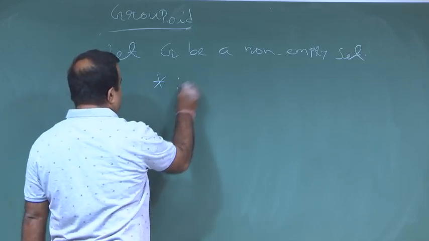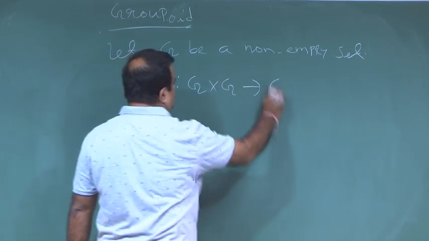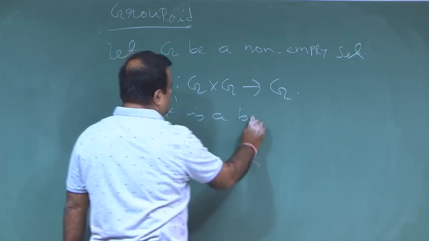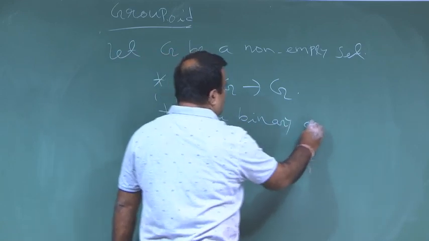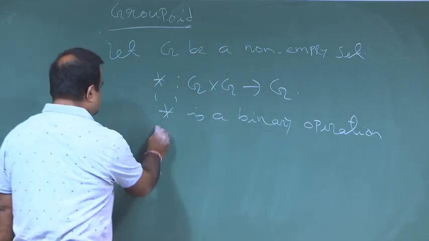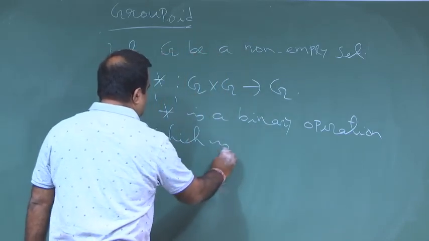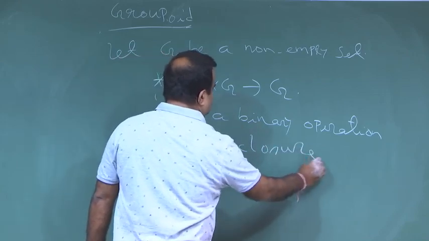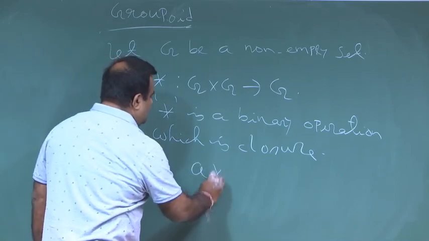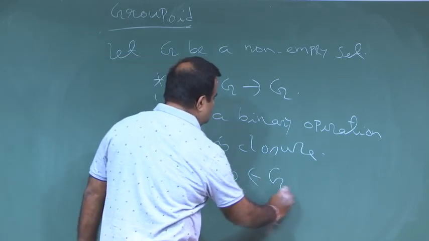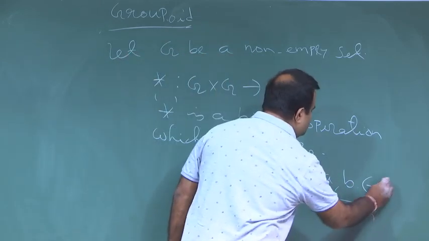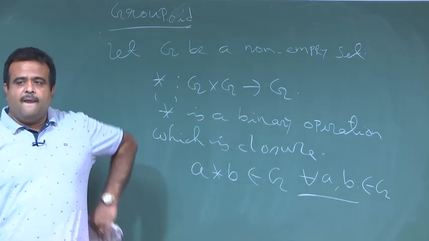That means star is a binary operator which is closure. So if you take any two elements from G, A star B will belong to G. This is true for all A, B coming from G. This is the closure property of star.